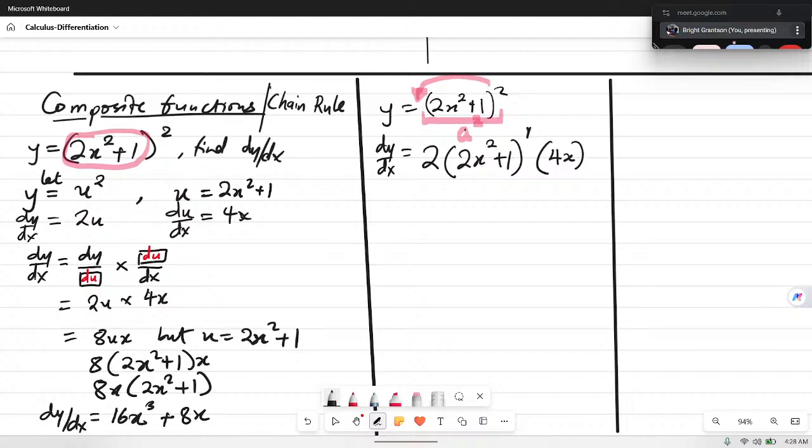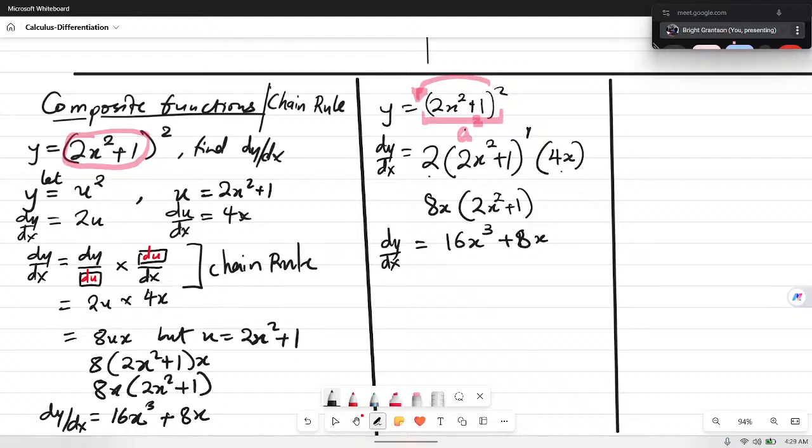Then you simplify this. So this time this gives you 8x times 2x squared plus 1. Then it becomes 16x cubed, sorry, plus 8x. Are we okay? Yeah. So these two techniques, this one is a chain rule.